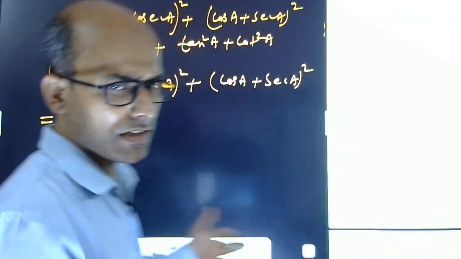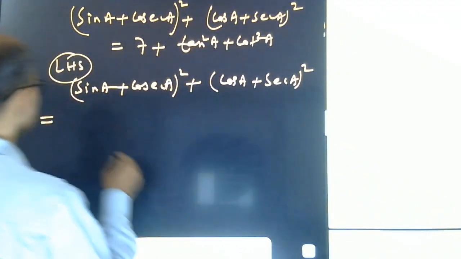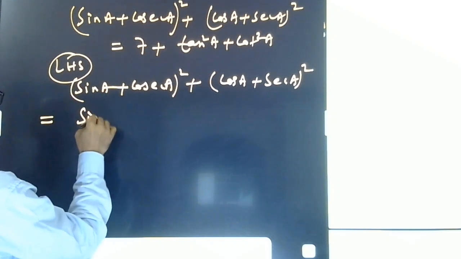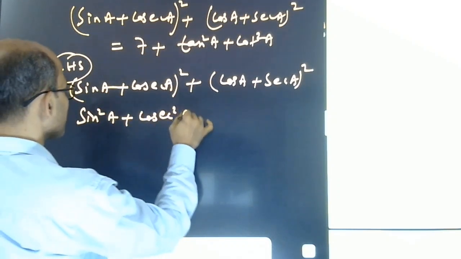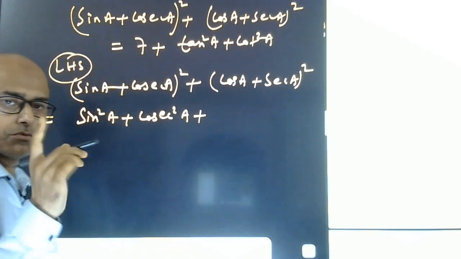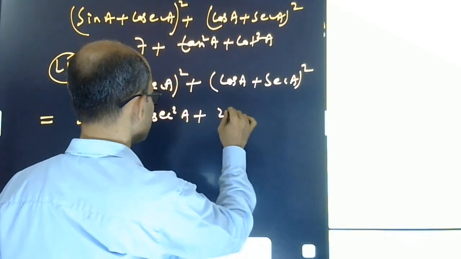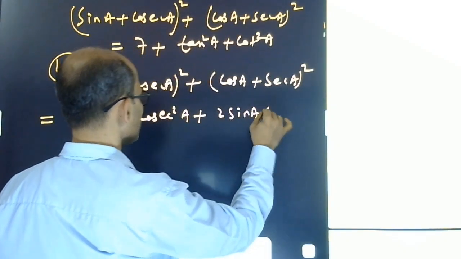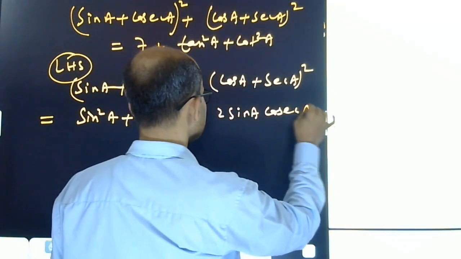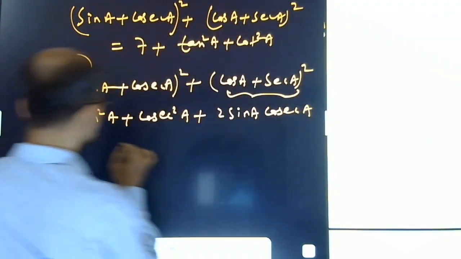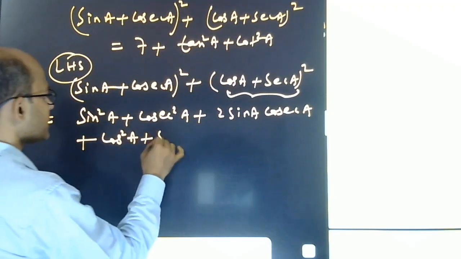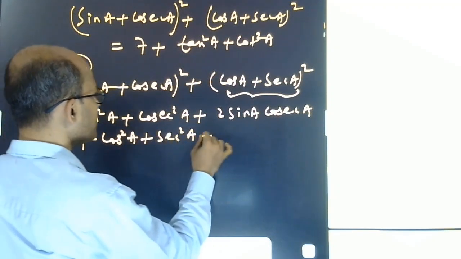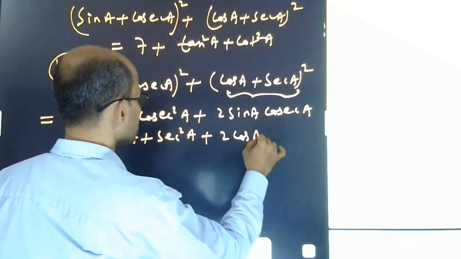So simply we have to use this, nothing very special. Okay, this will become sin square A plus cosec square A plus 2AB, 2 sin A cosec A. Exactly for this we are required to write down cos square A plus sec square A plus 2 cos A sec A.